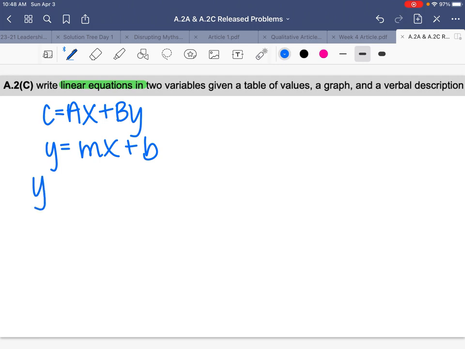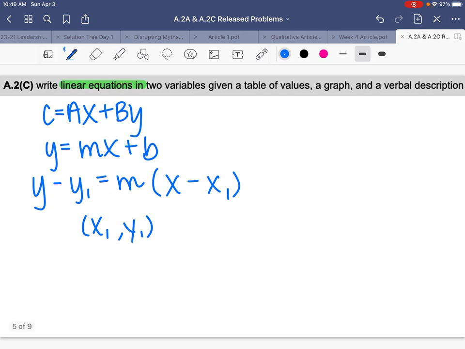So the generic y minus y1, which is equal to the slope, multiplied by the generic x minus x1. In point-slope form, please remember that x1 and y1 is a specific point on the graph, and then x and y we leave as our variables so that we can predict future values.